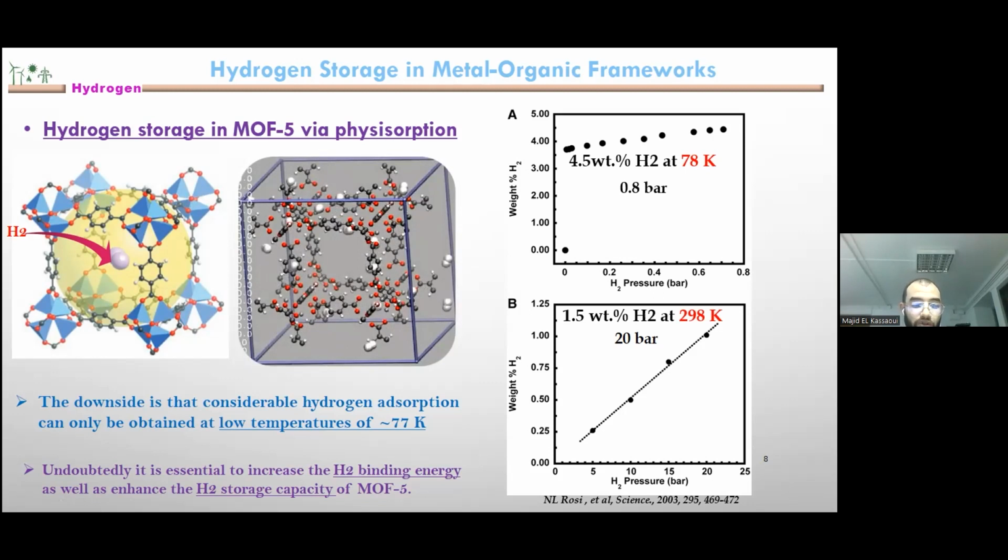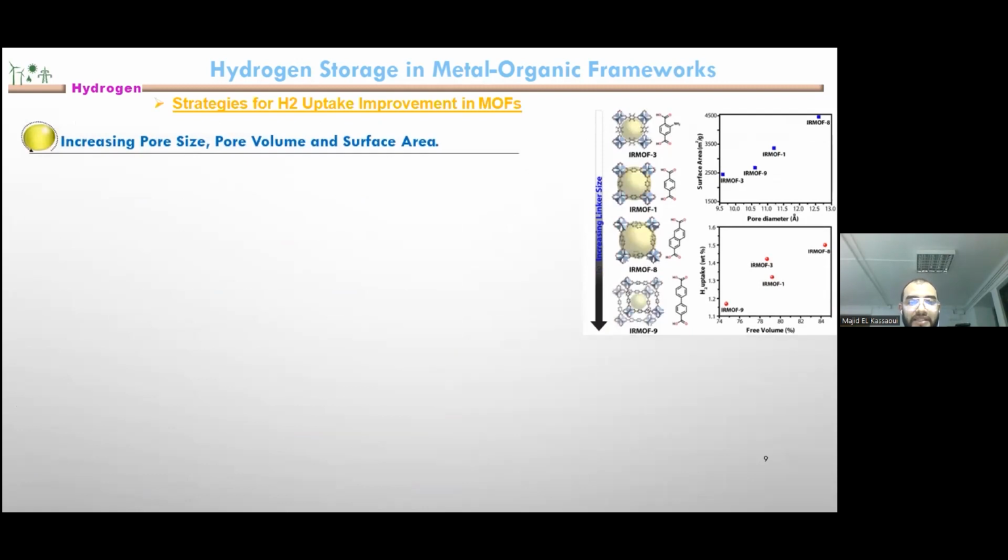So, how to increase the absorption energy at room temperature is a big challenge for practical application. In MOFs, theoretically, there are several strategies to enhance hydrogen storage properties in metal organic frameworks.